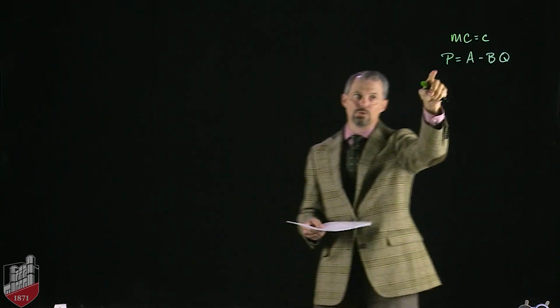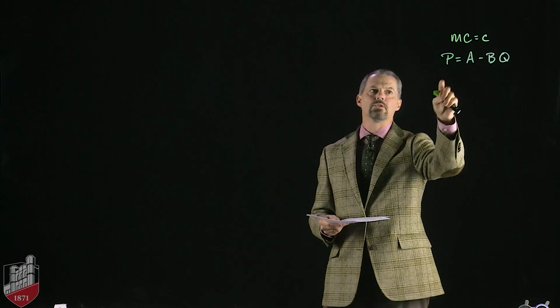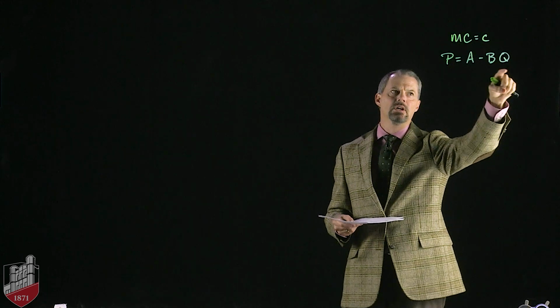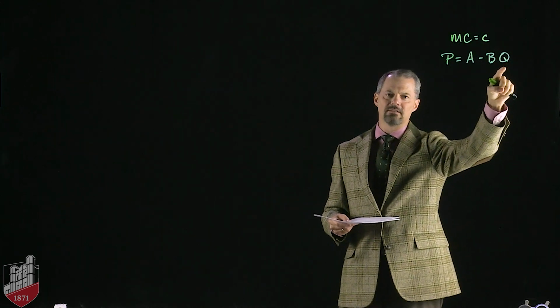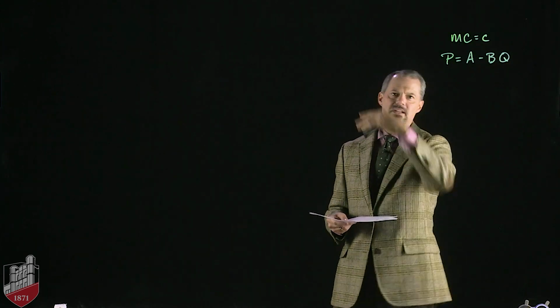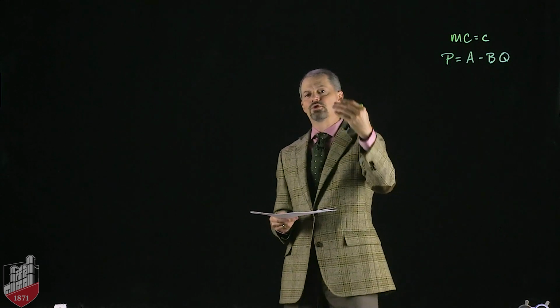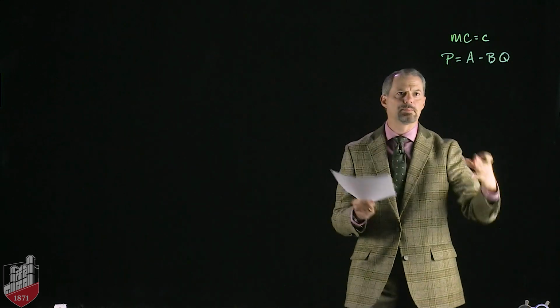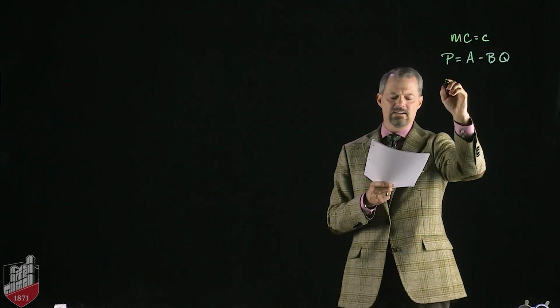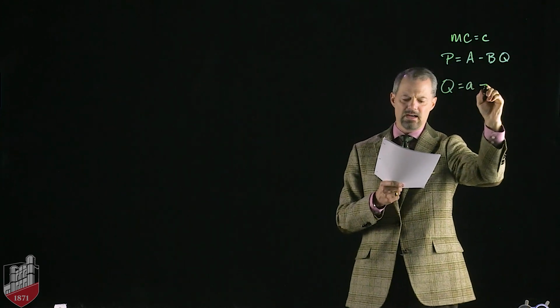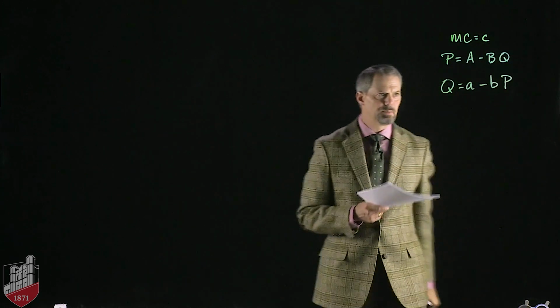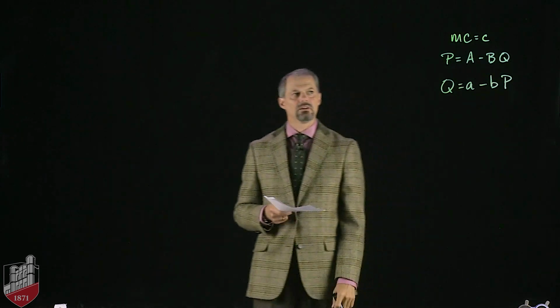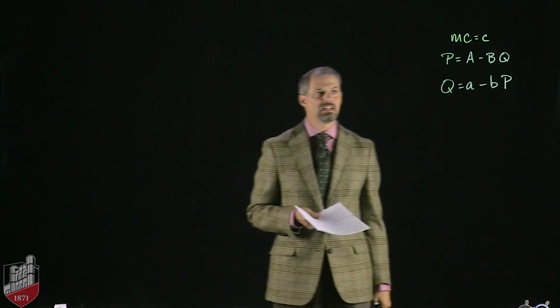We want Q over here rather than P. So if firms are choosing Q, we like that to be the independent variable, what gets chosen, and then P is the result. But if firms are choosing P, we want to get P over on the other side. So what we're going to do is simply rewrite it like this. Q equals A minus B P. Now that's the demand curve rather than the inverse demand curve.